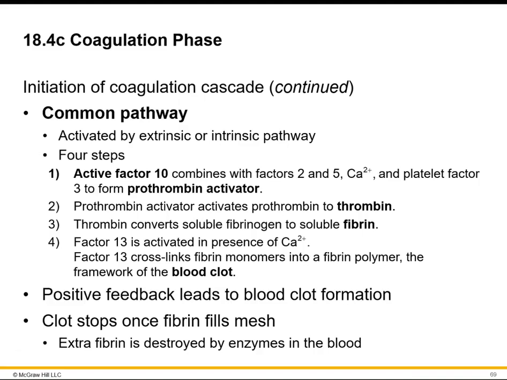Prothrombin activator activates prothrombin to thrombin, and then thrombin converts the soluble protein fibrinogen to the insoluble protein fibrin. Factor 13 is activated in the presence of calcium, and factor 13 cross-links those fibrin molecules to produce the fibrin net, or the meshwork, the framework of the blood clot.